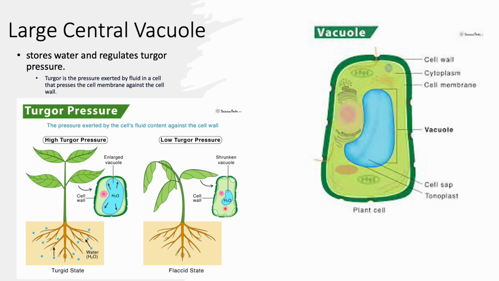In the second diagram, where the pressure is low, it's called a flaccid state, meaning the plant needs water in order to build that pressure back up. If you look at the cell diagram, with high turgor pressure the large central vacuole is nice and full of water. When you have a low turgor pressure, that central vacuole is much, much smaller.